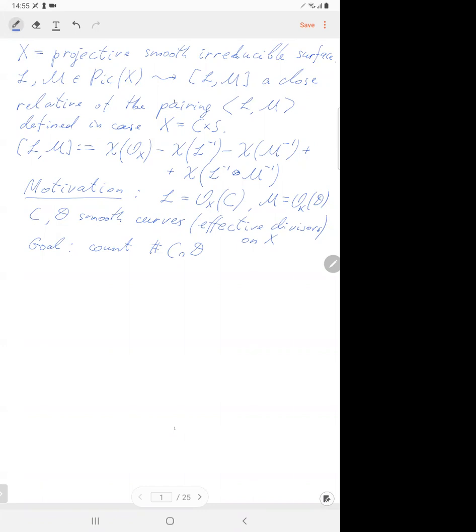So the multiplicity at a point P of the intersection is defined as the dimension of the local ring at this point over the sum of two ideals.